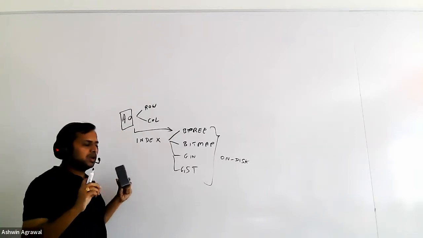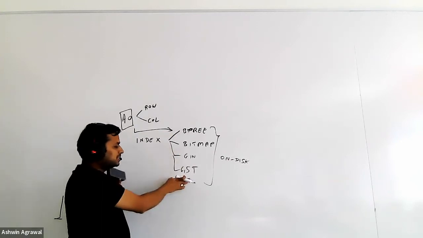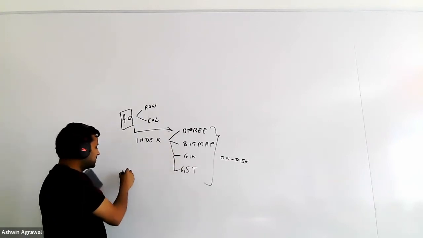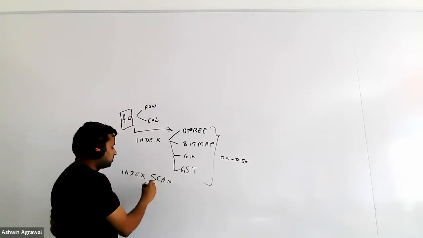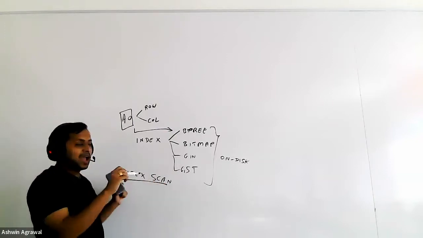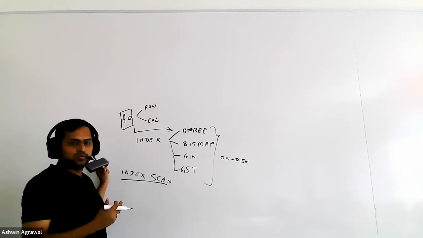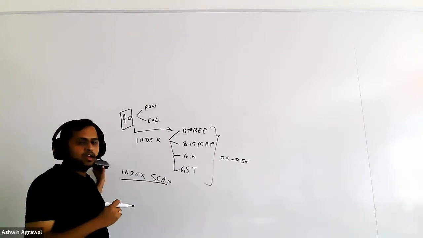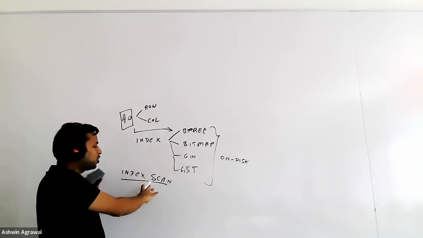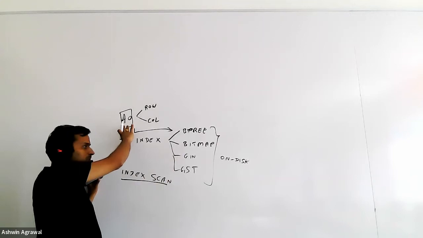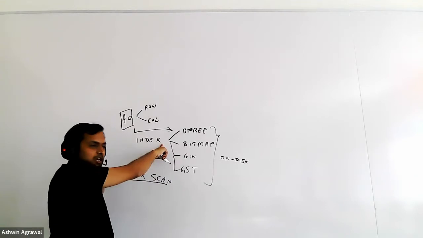Now, just keep in mind there is a difference between index type, which is on disk, versus index scan. Index scan specifically refers to the execution method, or the on-the-fly way of how we will be using the index to perform the scanning of the table. So index scan can be different from index type.